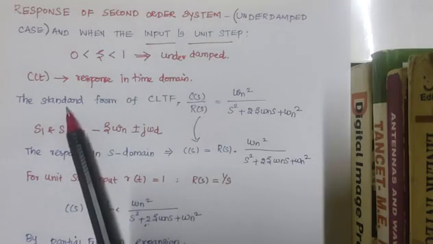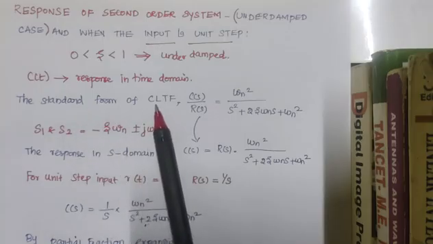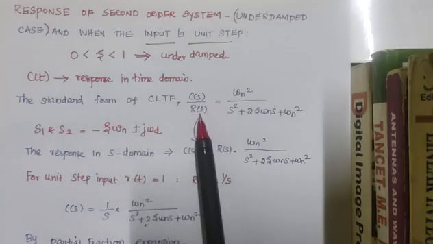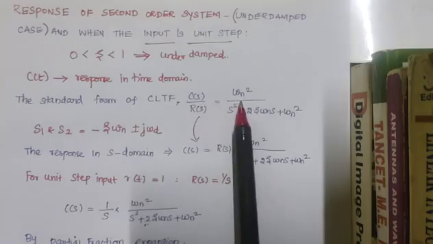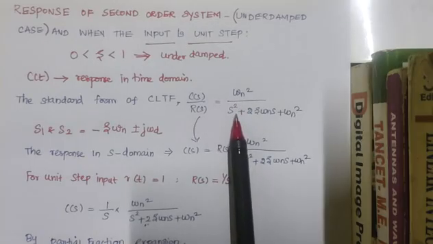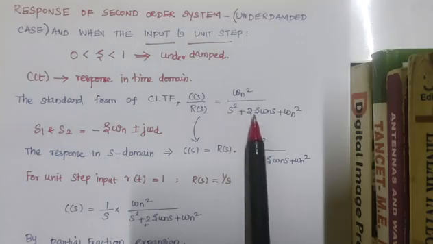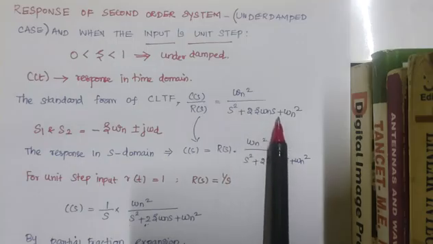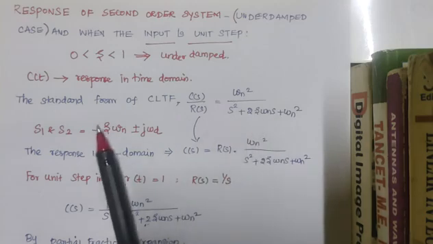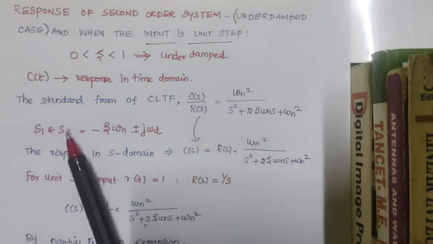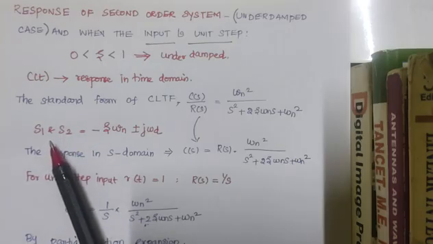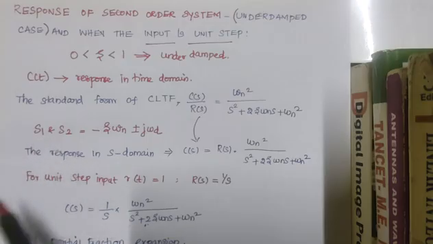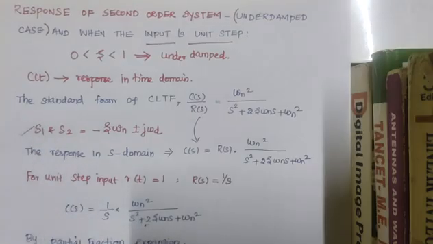As you all know, the standard form of the closed loop transfer function is C of s by R of s equal to omega n square divided by s square plus 2 psi omega n s plus omega n square. In the last session, we discussed the transient response, steady state response, and also I introduced the concept of second order system to you, and we discussed the roots of the second order system.